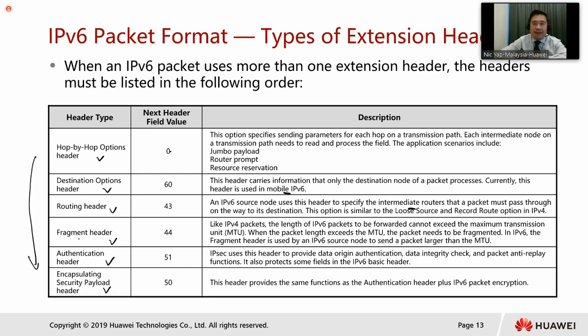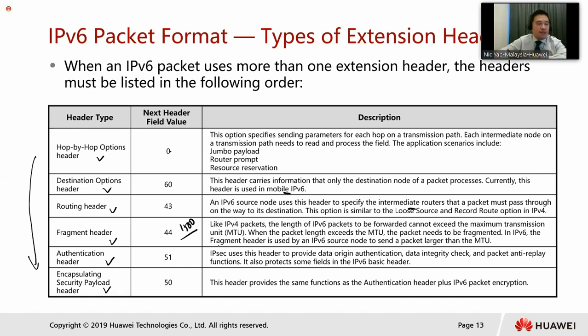So fragment headers means that you need to fragment when your packet size is too large, okay, when it exceeds the maximum transmission unit. So the maximum transmission unit is 1500. Anything more than that, I will fragment you into multiple fragments and send to the destination.